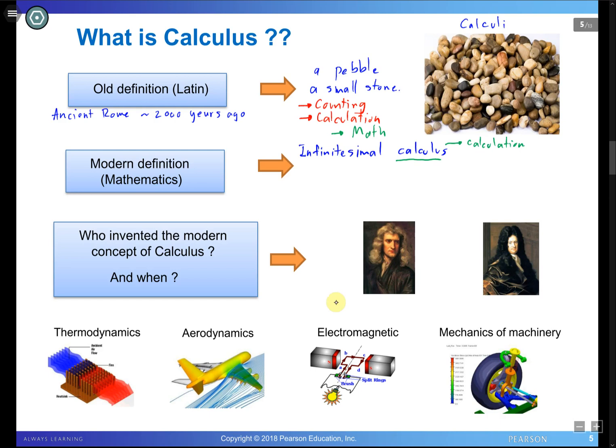It means calculation of extremely small and infinitely many quantities.